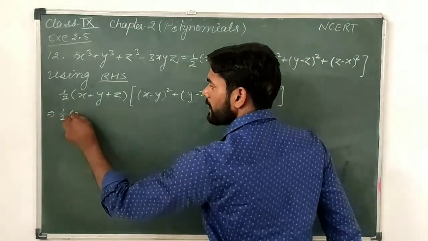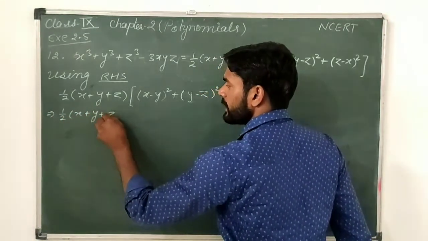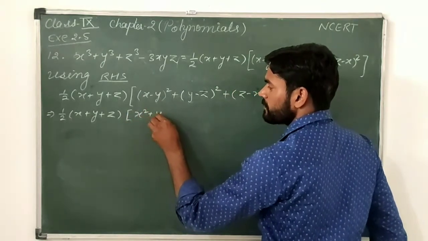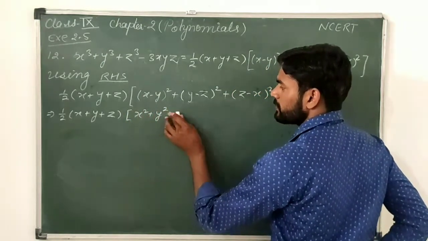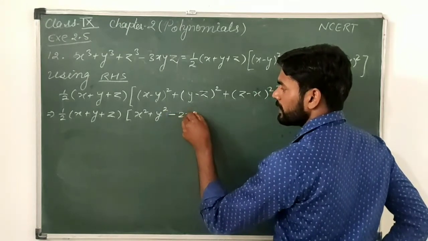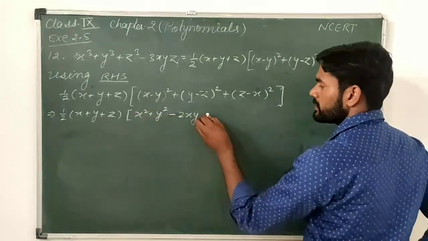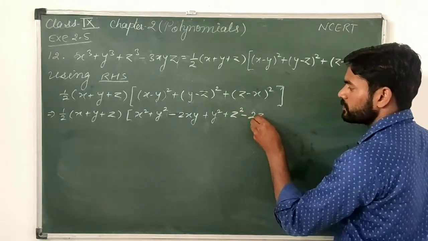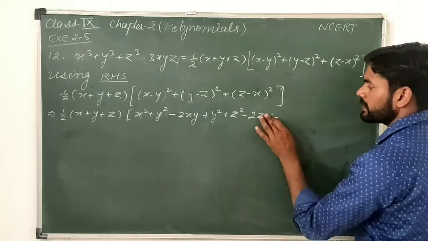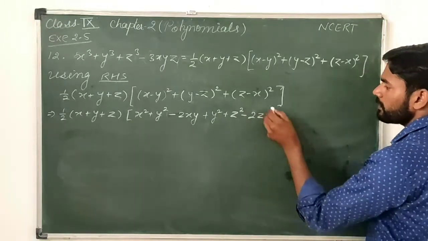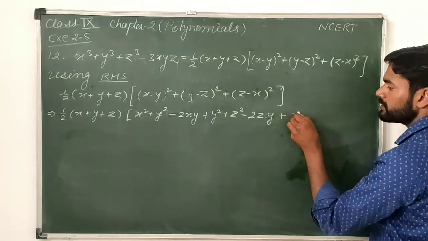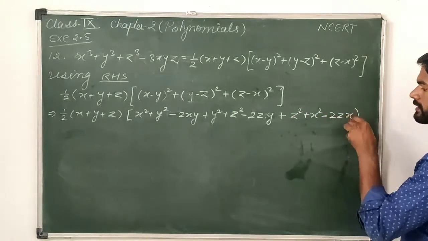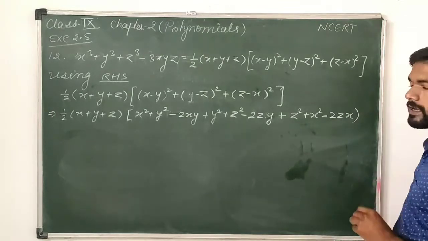Half (x plus y plus z) remains the same. For (x minus y) whole square, it is x square plus y square minus 2xy. Then y square plus z square minus 2yz, and plus from here z square plus x square minus 2zx. Clear?